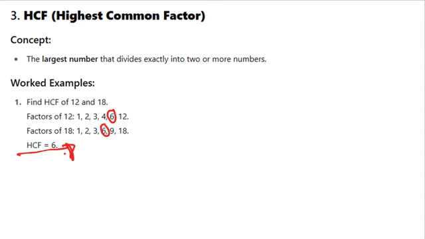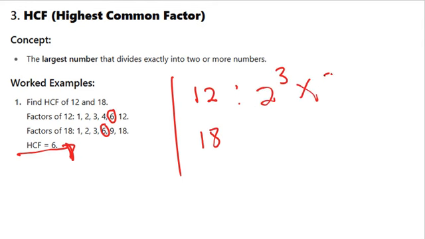Now let's see how we can also work this out differently. Let's use another method that you are familiar with. The other way to solve this problem: you say 12 and 18. Go to your calculator. Press 12, equal sign, shift factorize, and you're going to get 2 to the power of 3 times 3.